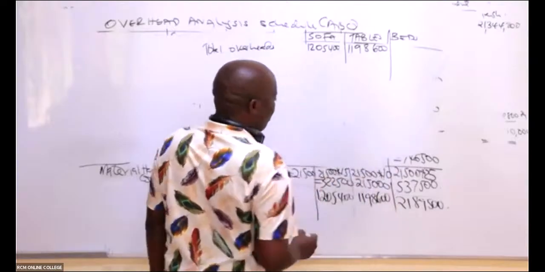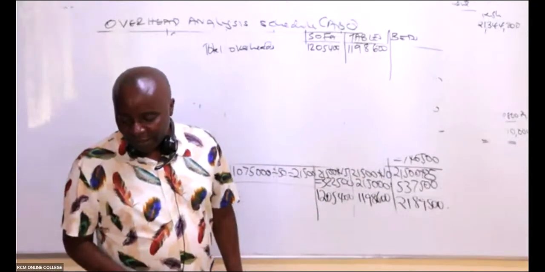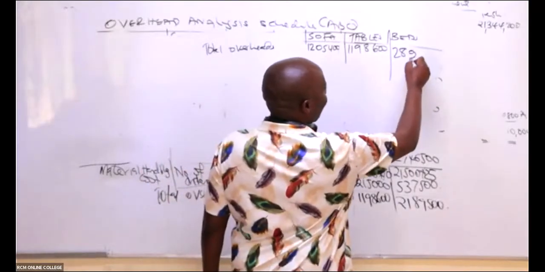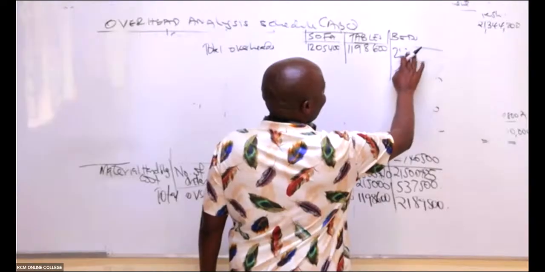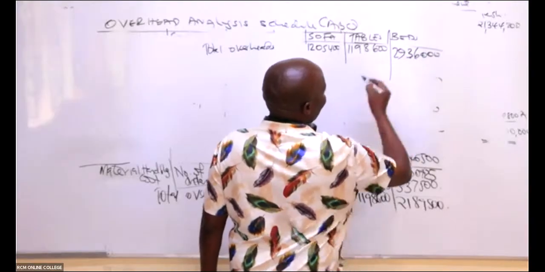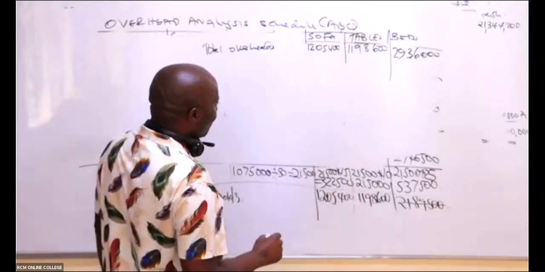Oh, this figure is wrong. No problem. The last figure, 29,000. So please correct this figure. Madam, you can just check where you went wrong.